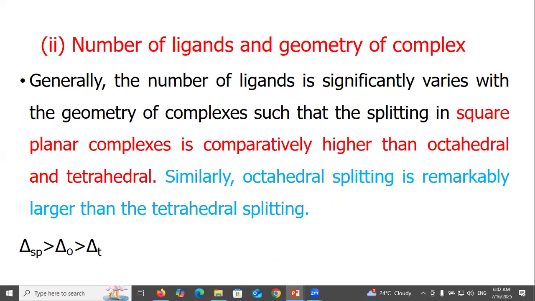Number of ligands and geometry of complex. Generally, the number of ligands significantly varies with the geometry of complexes, such that the splitting in square planar complexes is comparatively higher than octahedral and tetrahedral. Similarly, octahedral splitting is remarkably larger than the tetrahedral splitting.